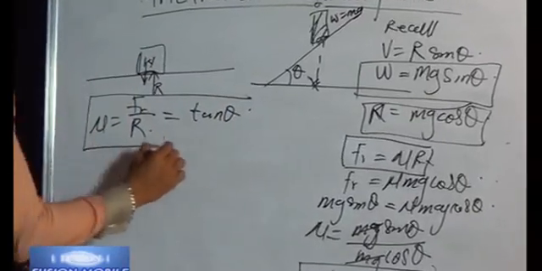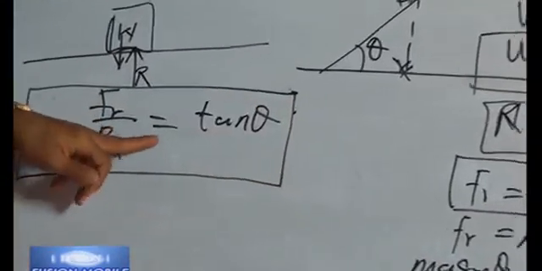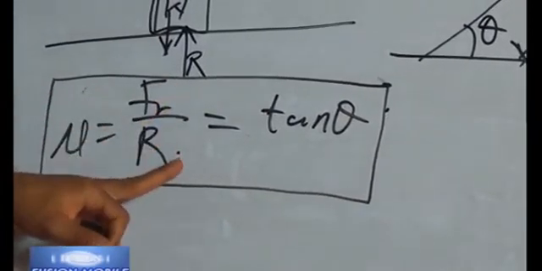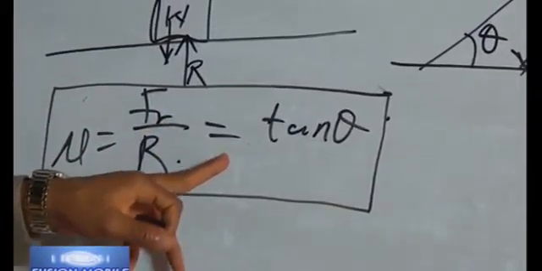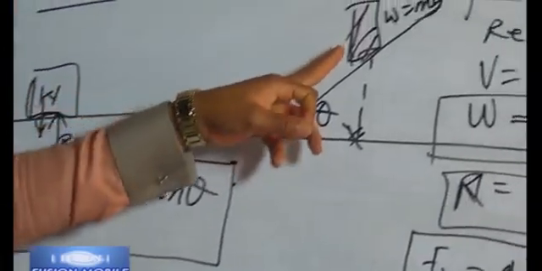This is a basic equation that is very important that you must always remember: mu is equal to frictional force over normal reaction, and at the same time is also equal to tan theta. But don't forget that at this point, this particular body is neither sliding down nor pushing up. It's just at a place.